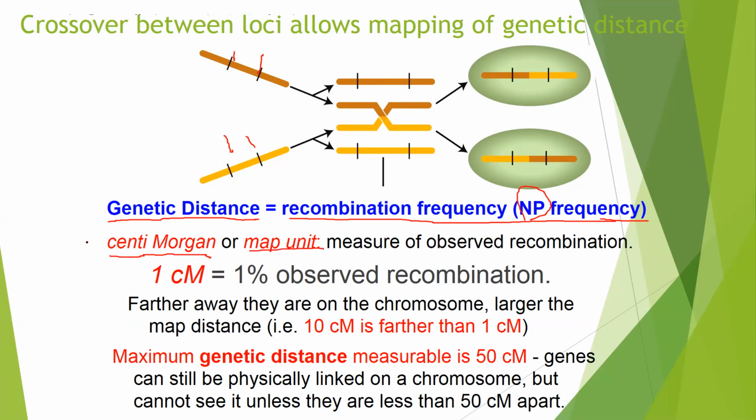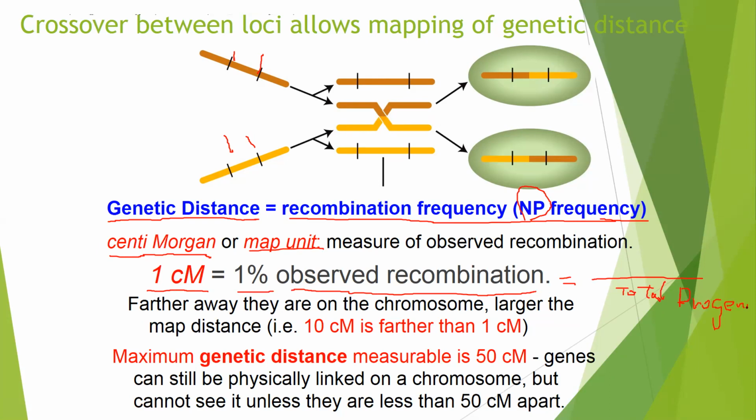When I say 1 centimorgan, it is equivalent to 1 map unit. And 1 map unit or 1 centimorgan is equivalent to 1% observed recombination.